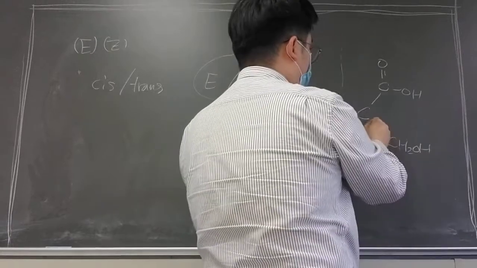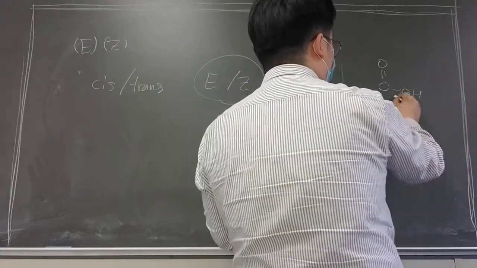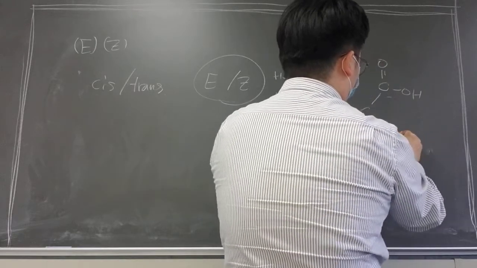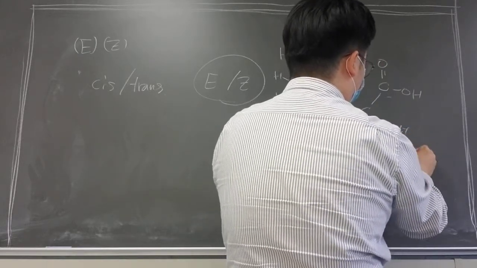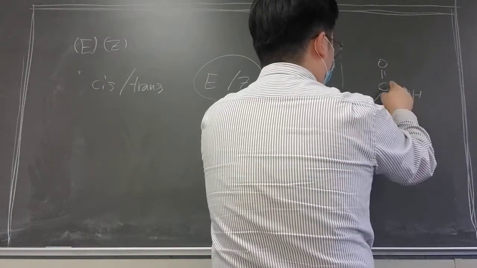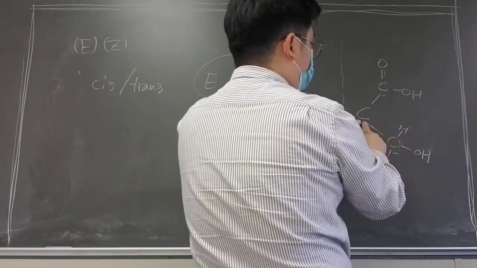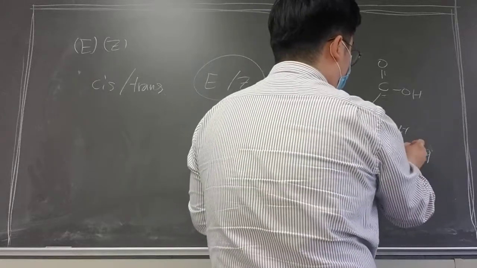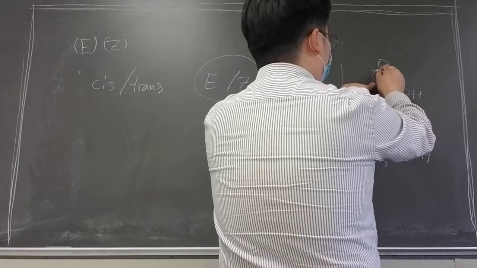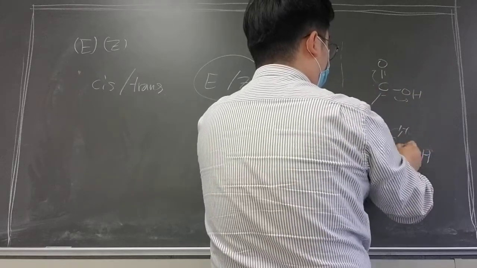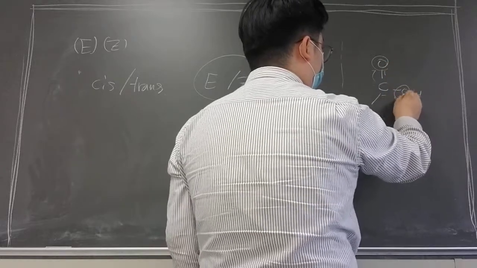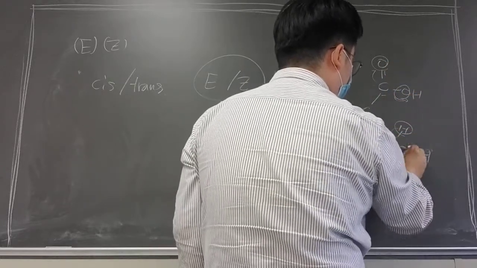If you look at this carbon here, let me redraw this one more precisely. This is the way it looks. You have the same element, carbon, on this carbon, so it's a bit trickier. But what you need to do is go one further away from the same carbon. So you have oxygen, oxygen, hydrogen, hydrogen, oxygen.